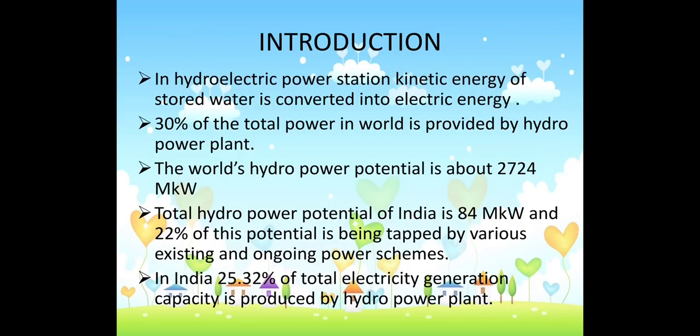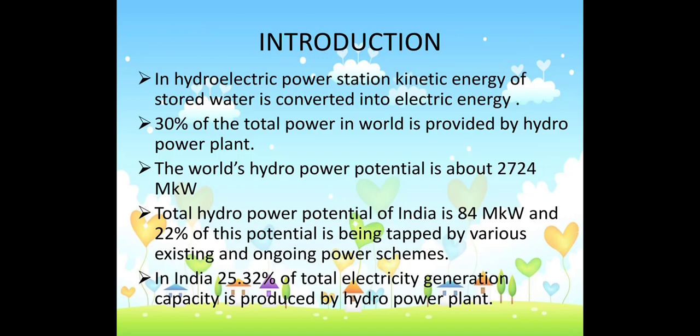First we can discuss hydroelectric power plant engineering. In a hydroelectric power plant, the kinetic energy of stored water is converted into electrical energy. Around 30% of the total power in the world is provided by hydro power plants as well as nuclear power plants. The world's maximum hydro potential is around 2724 mega kilowatt.